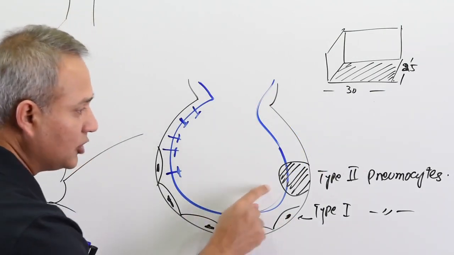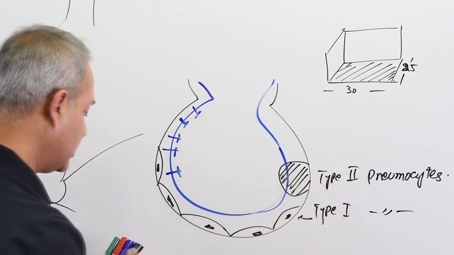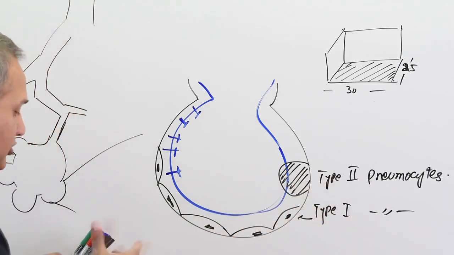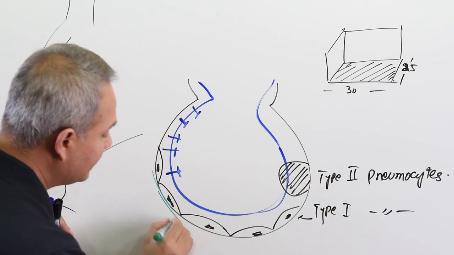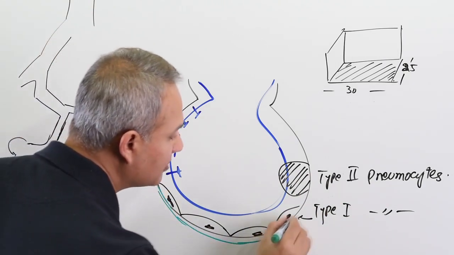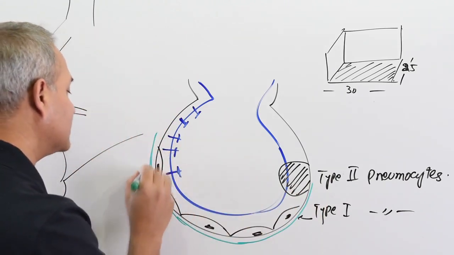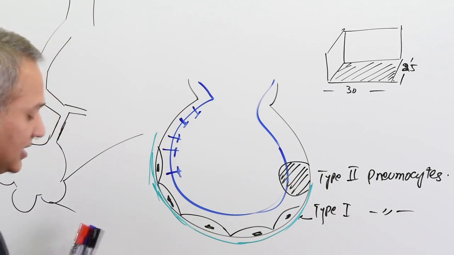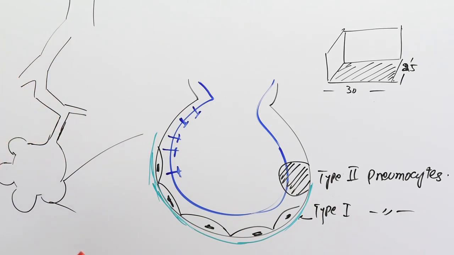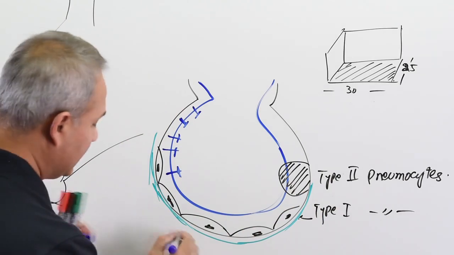Okay, so here pneumocyte type 2, pneumocyte type 1. Then under the pneumocyte, we know that all cells that are surface cells usually have basement membrane under them, always have basement membrane. So this is the basement membrane. Then underneath the basement membrane is the interstitial tissue.